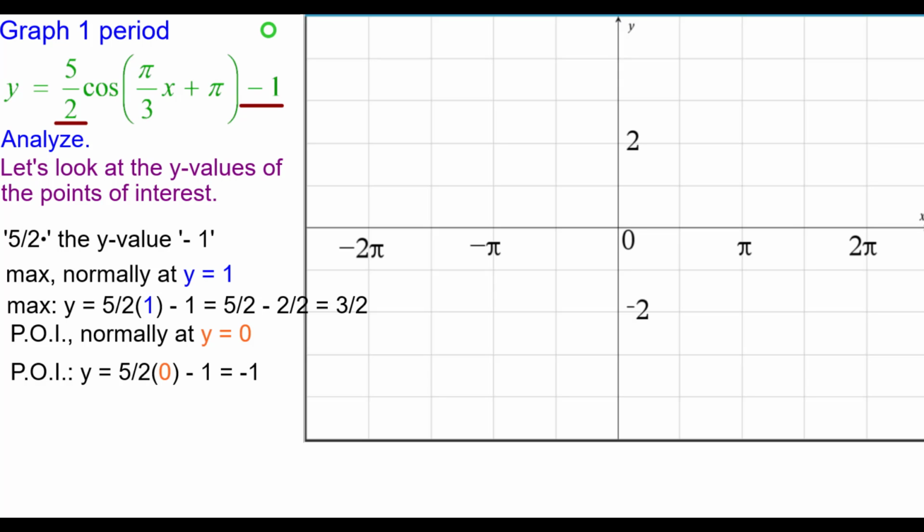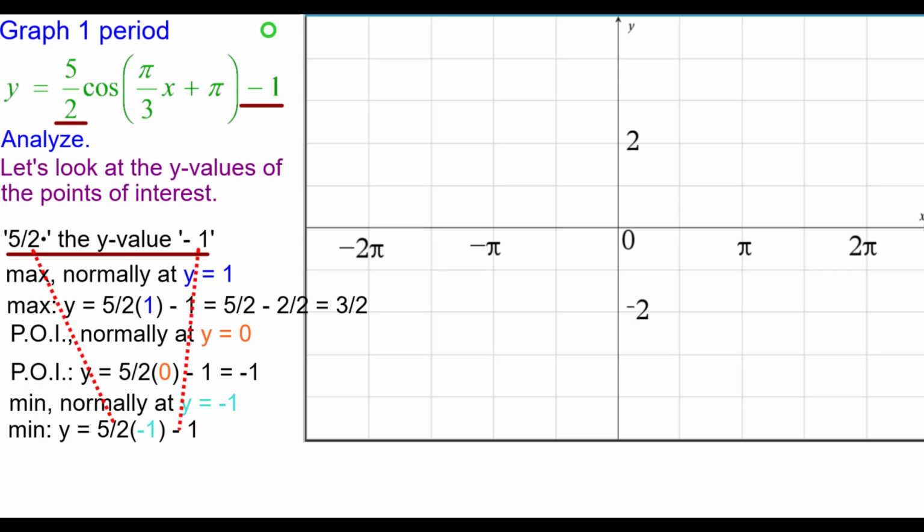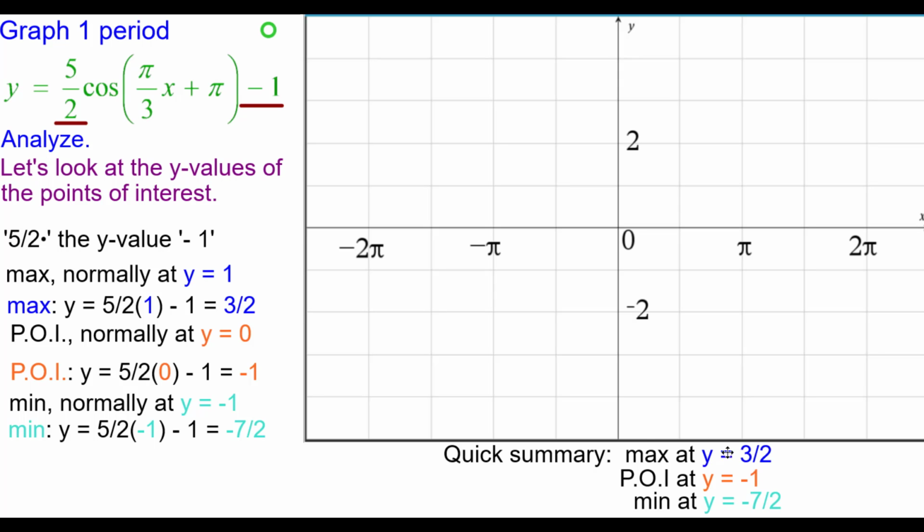And the minimum, normally at y equals negative 1, multiply that by 5/2 and subtract 1, would be negative 5/2 minus 2/2, which is negative 7/2. So we'll collect these down here, a quick summary of those key points of interest, the y values.